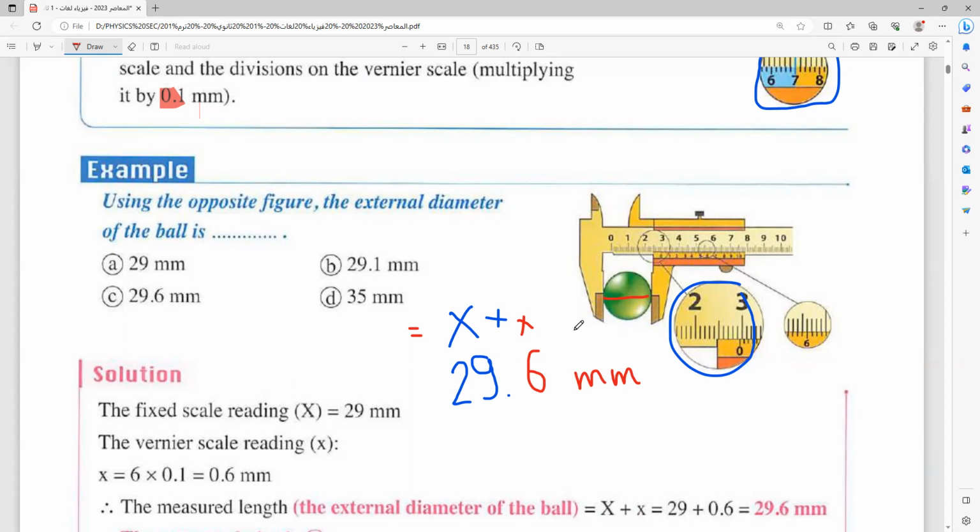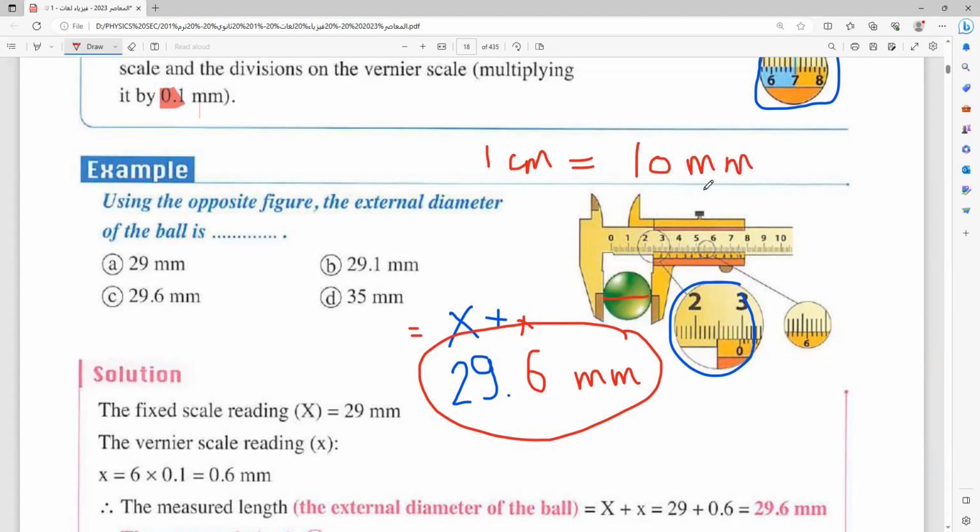What is the meaning of this reading? It has a very small value, less than 3 centimeter. Why? Because 1 centimeter equals 10 millimeter. How?